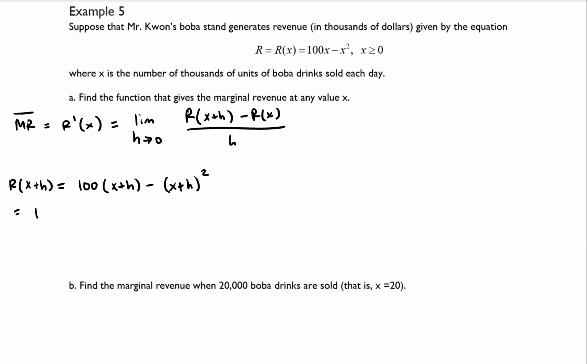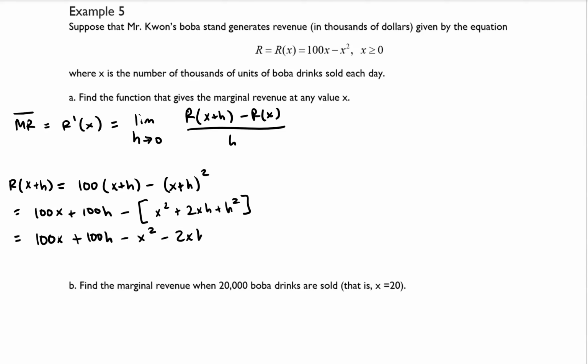And that is equal to 100x plus 100h minus, I need to expand x plus h squared, so that gives us x squared plus 2xh plus h squared. And now I want to distribute that negative sign in. So I get 100x plus 100h minus x squared minus 2xh minus h squared.